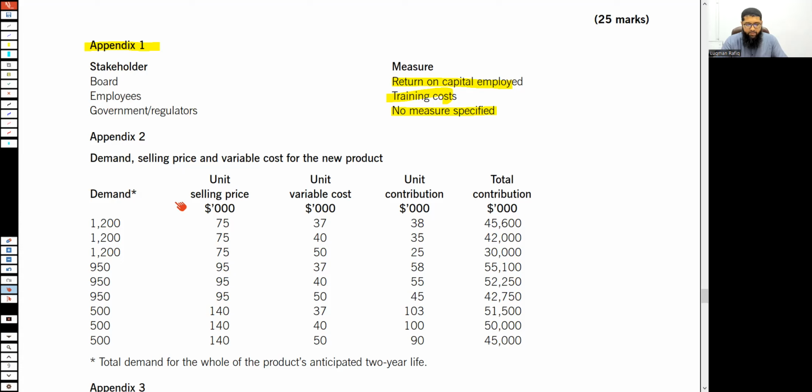Can you give it a try? Can you create a matrix, please?